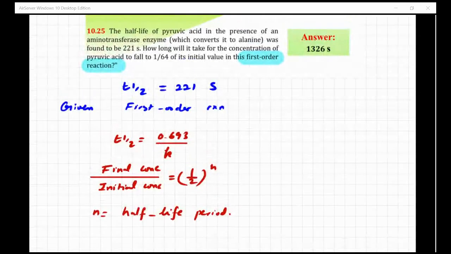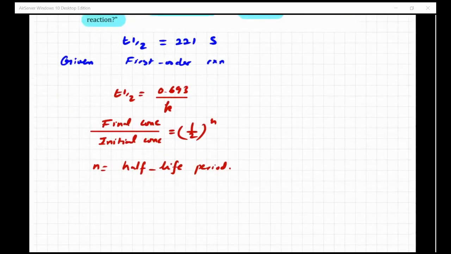So what is it I want to calculate? It says that the concentration has dropped to 1 over 64 of its initial value. So what is this 1 over 64?